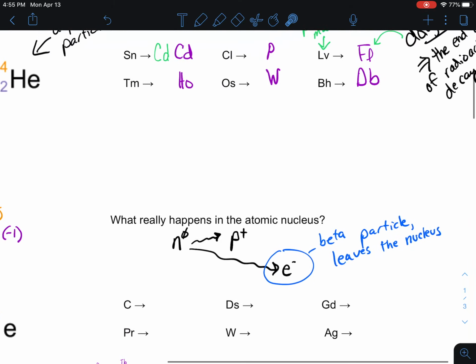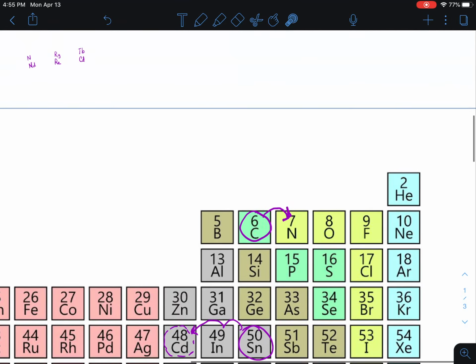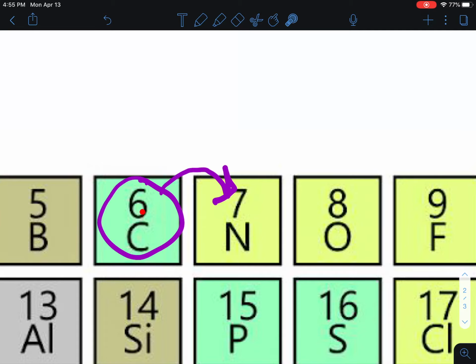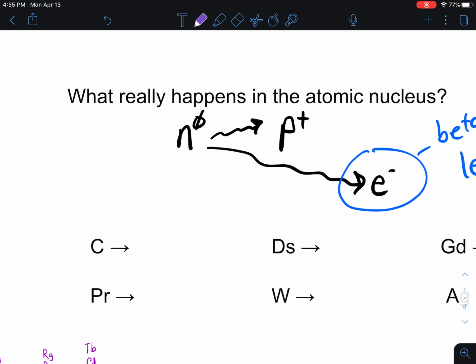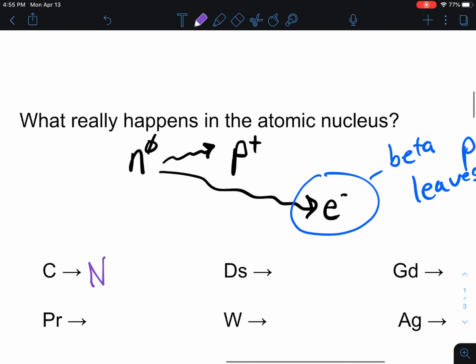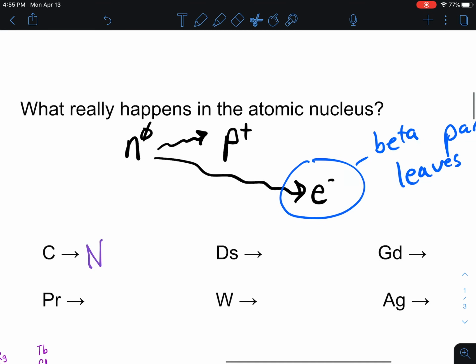So now this time what you're going to do is, for your practice, you're going to look for carbon on the periodic table. We're going to increase by 1 proton and see what we get. Here is carbon. Increasing by 1 proton gives us number 7, nitrogen. So the answer here is nitrogen. I want you to pause the video now, figure out the rest of these elements, then play the video and look at the answers.